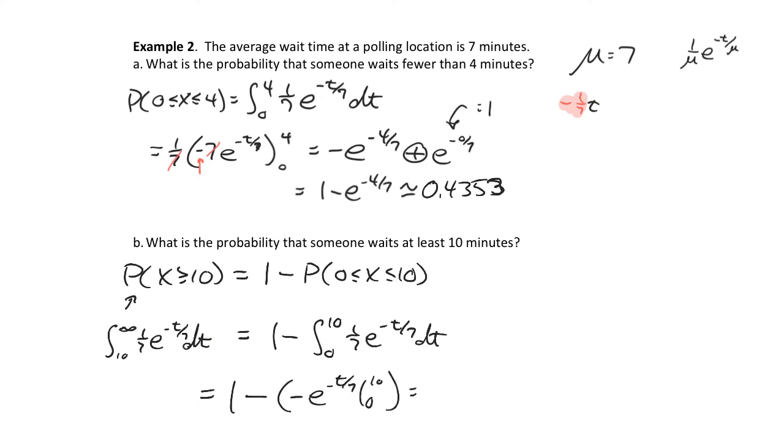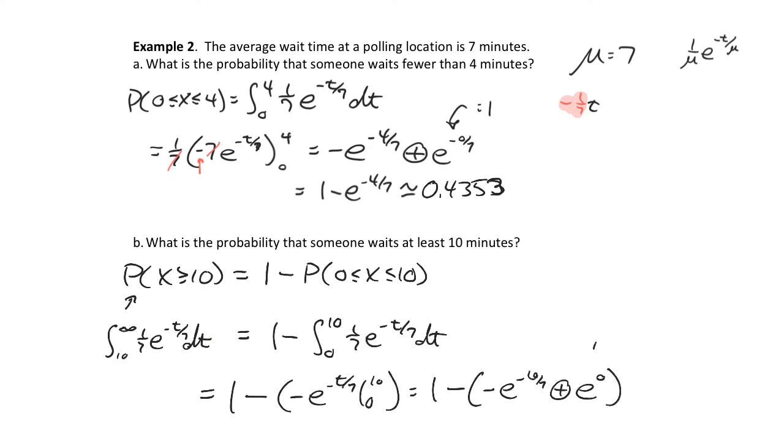So we end up with 1 minus, okay, when t is equal to 10, we'll end up with negative e to the negative 10/7 minus a negative, so plus e to the 0th.